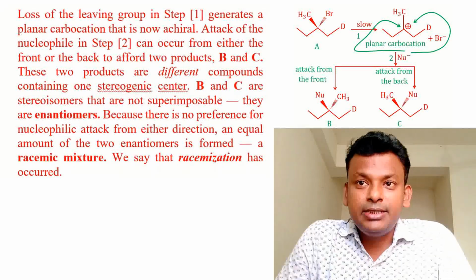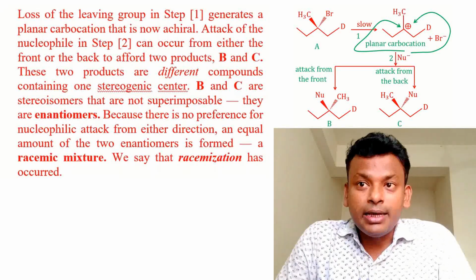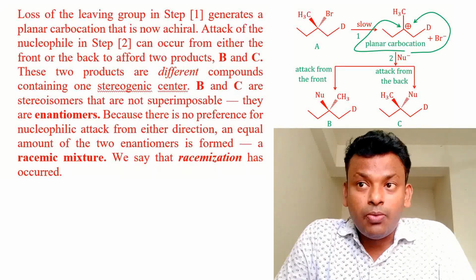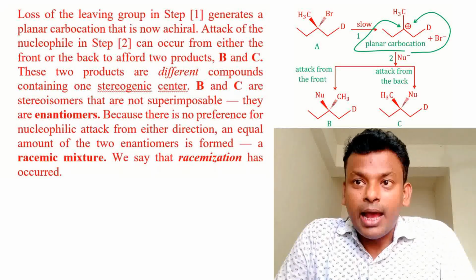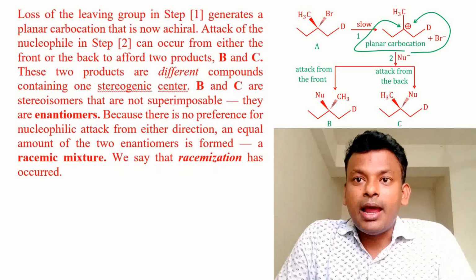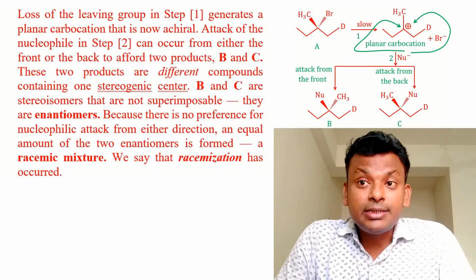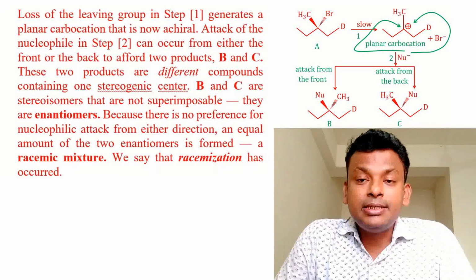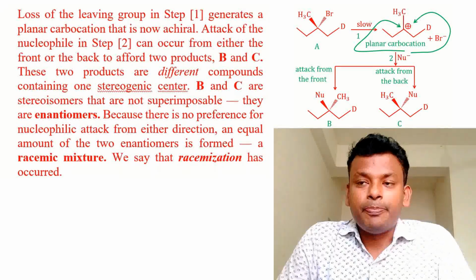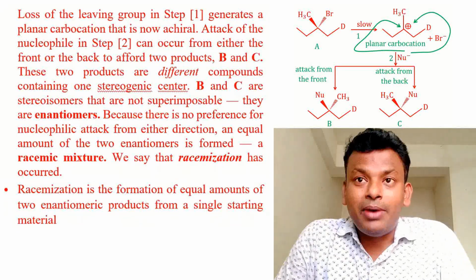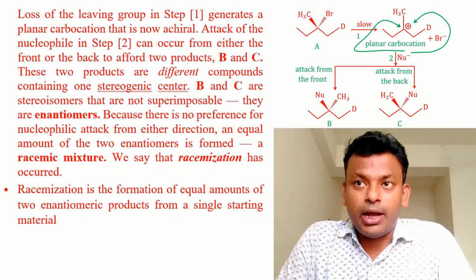B and C are stereoisomers that are not superimposable, they are enantiomers. Because there is no preference for nucleophilic attack from either direction, equal amounts of the two enantiomers are formed, a racemic mixture. We say that racemization has occurred. Racemization is the formation of equal amounts of two enantiomeric products from a single starting material.